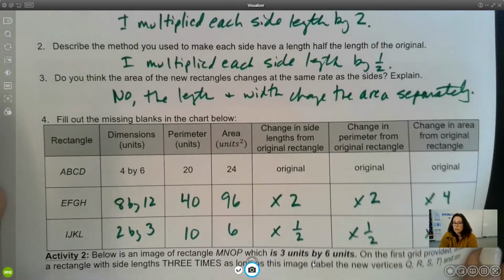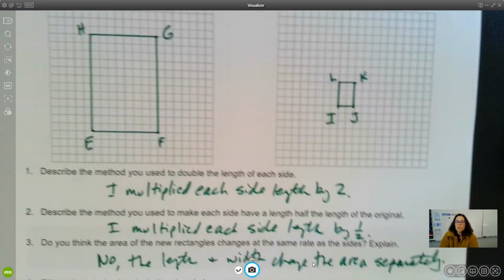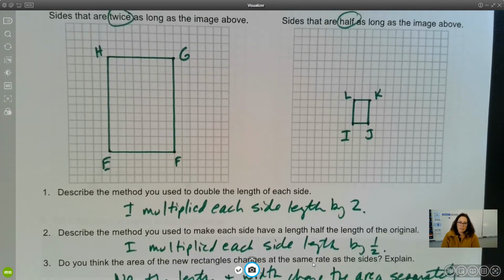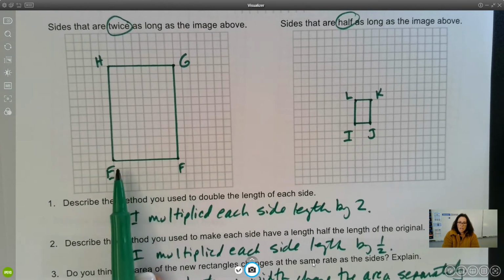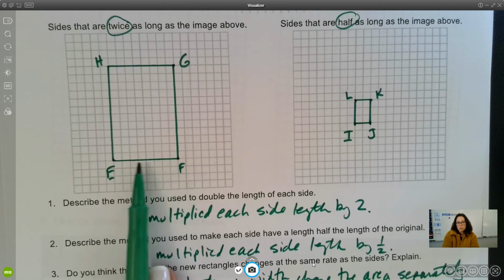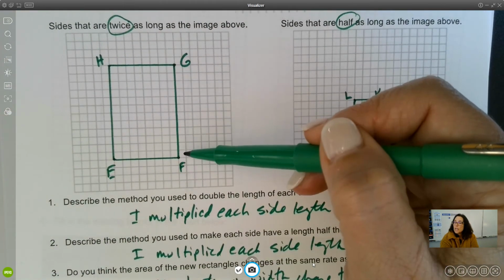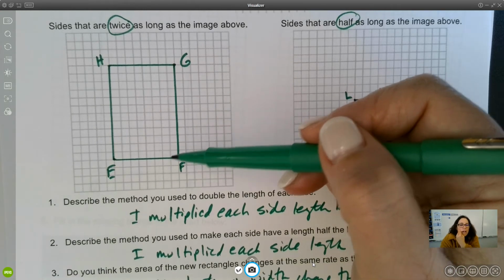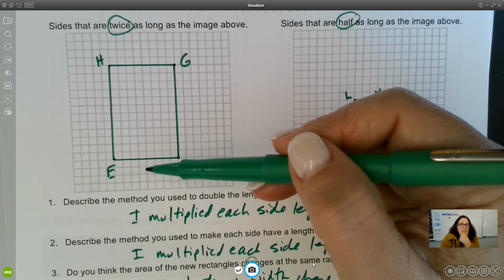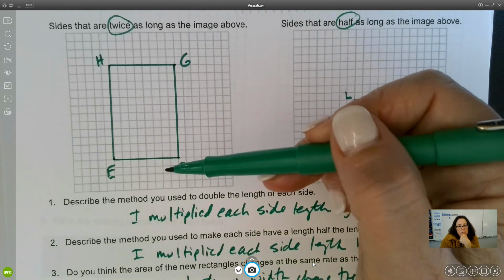It's to the power of 2 because you have 2 sides that are affecting it. So if this side is doubled or tripled, and this side is doubled or tripled, since area is 2-dimensional, that would be a scale factor that you'd have to multiply for each of those dimensions.